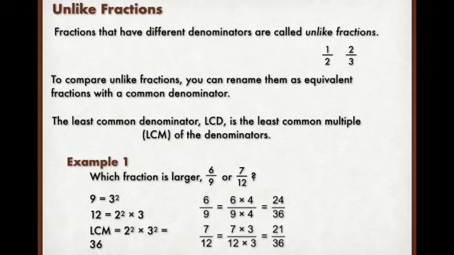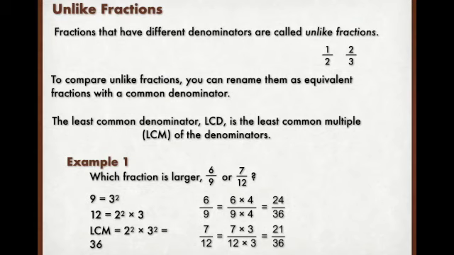So if I change it to 36, I'm going to multiply 9 times 4 equals 36. And then I know 12 times 3 equals 36. So if I'm multiplying 9 times 4, I have to multiply the 6 times 4. So that brings me to 24 over 36.